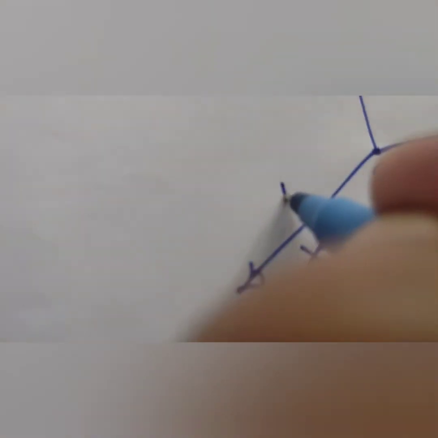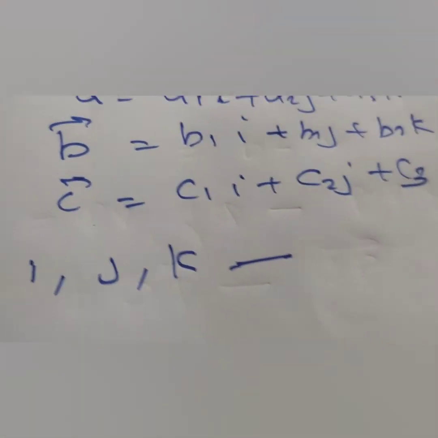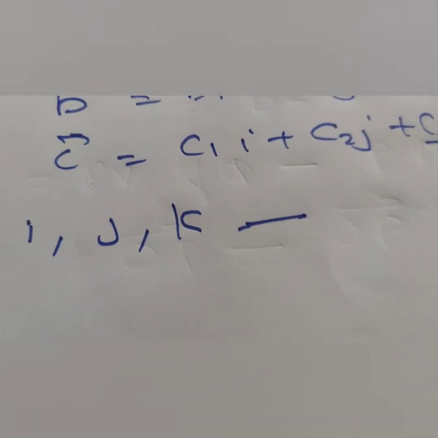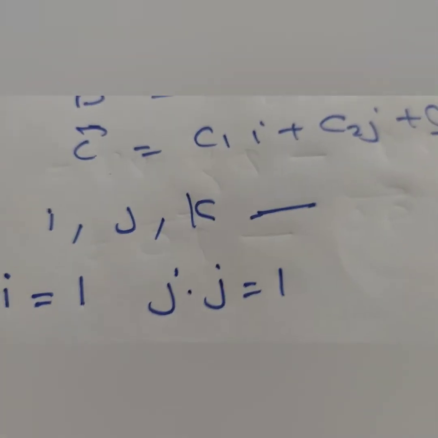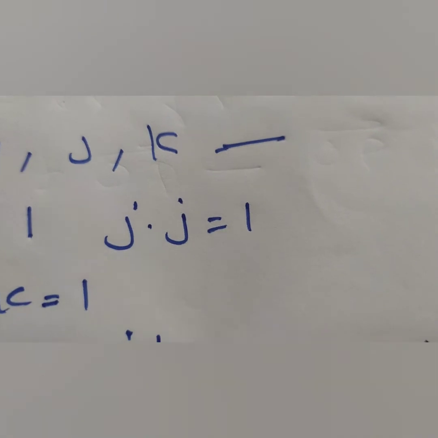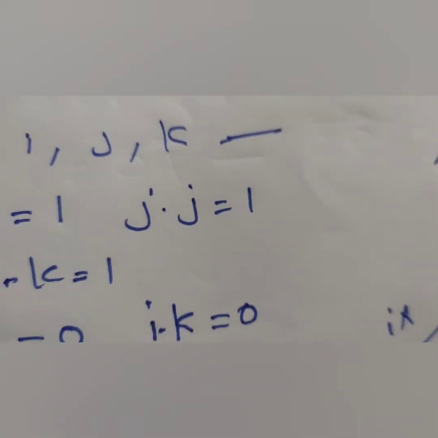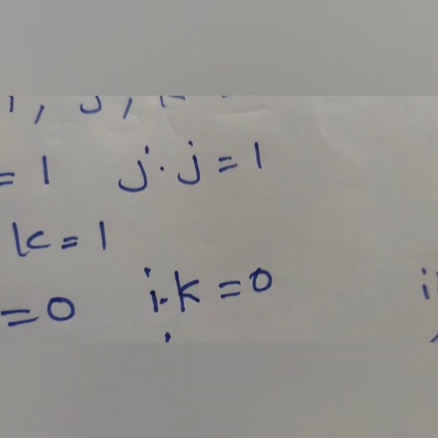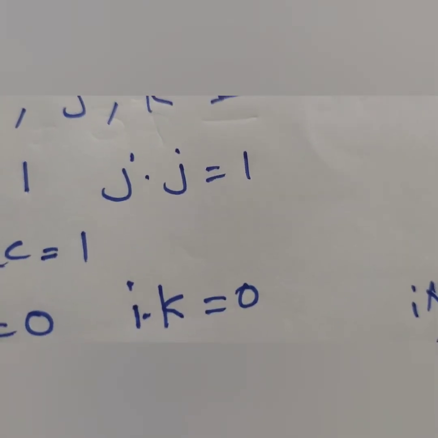The unit vector along this is i, along this is j, along this is k. So the unit vectors i, j, k are these, and also understand i into i is equal to 1, j into j equal to 1, k into k equal to 1. i into j equal to 0, i into k equal to 0, j into k equal to 0, and k into j is also 0, or j into i is 0.